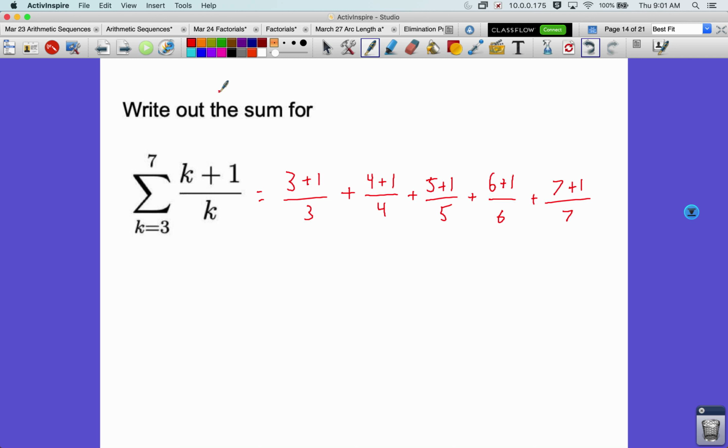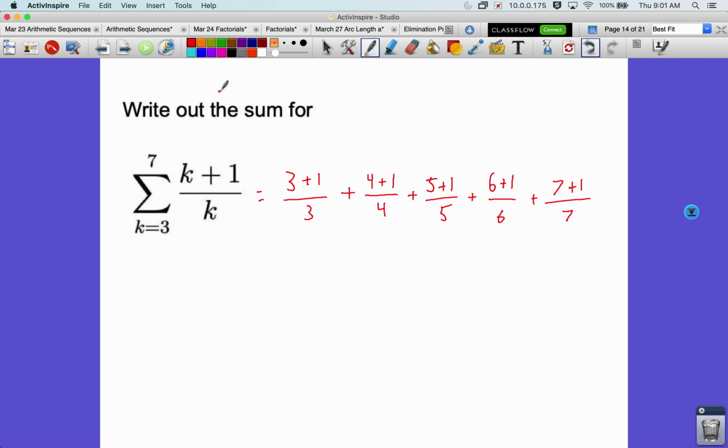And now this can be plugged into our calculator. I'm going to do some of it in my head. So I'll make that 4 over 3 plus 5 over 4 plus 6 over 5 plus 7 over 6 plus 8 over 7.